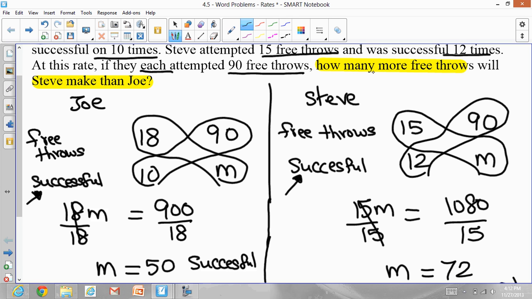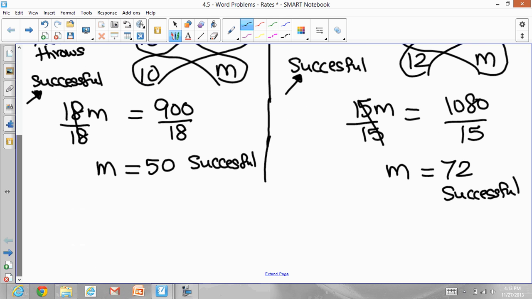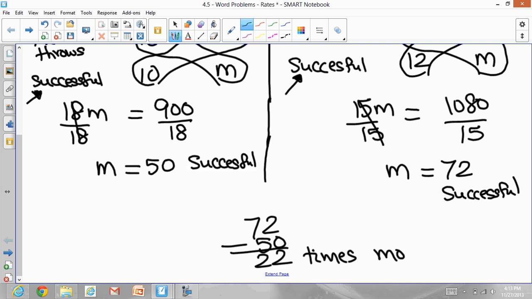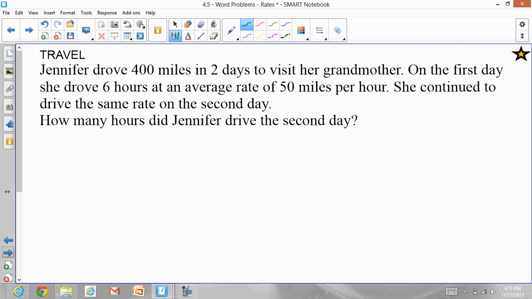They want to know how many free throws Steve gets as opposed to Joe, which in this case is 72 minus 50 to give you 22. So Steve will be 22 times more successful than Joe.